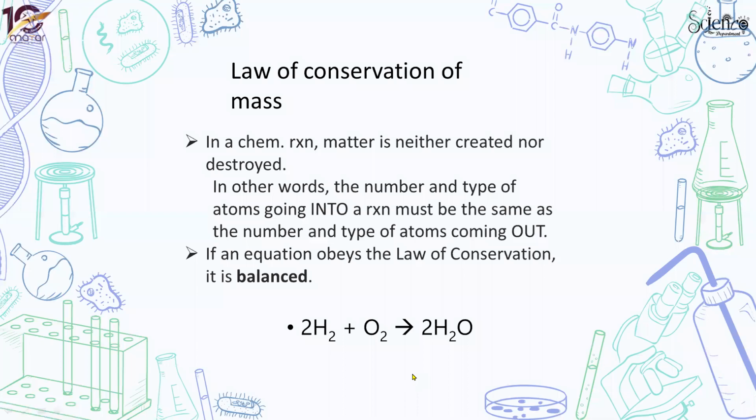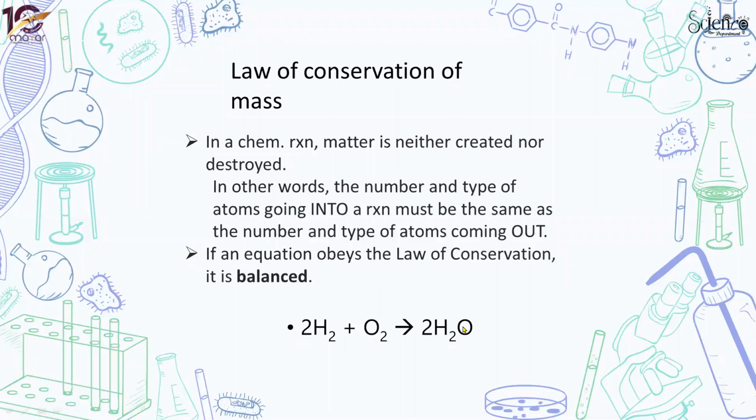It means that in a chemical reaction, if 2 atoms of hydrogen are found in the reactant, I must also have 2 atoms of hydrogen in the product. Same for oxygen. If I have 2 oxygens, I'm going to have 2 oxygens in the product because we can't just lose mass. Mass stays the same, mass is conserved.